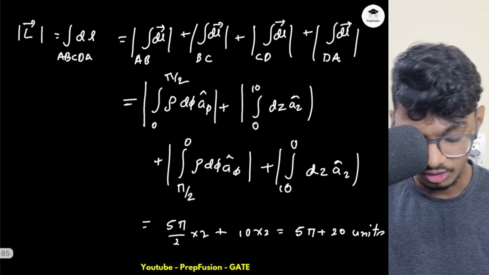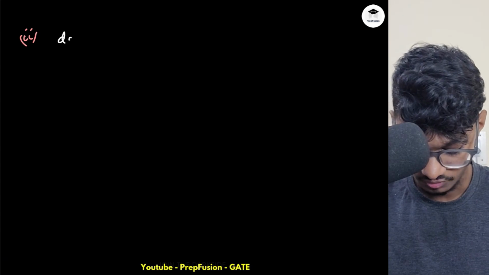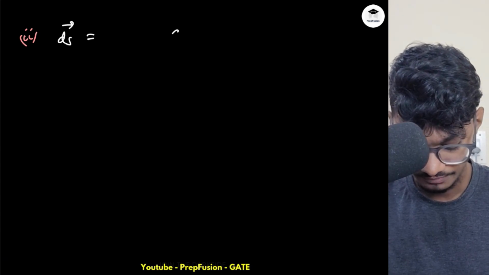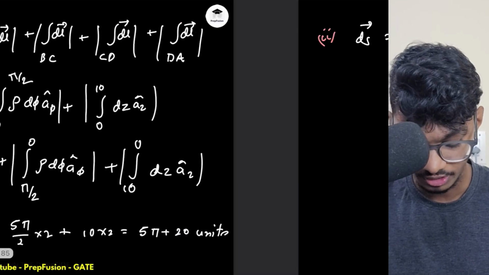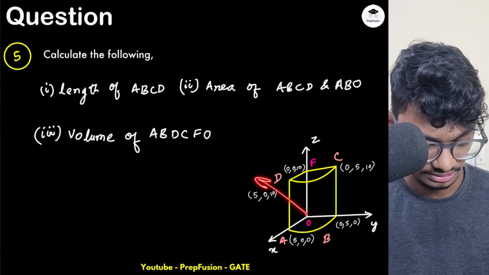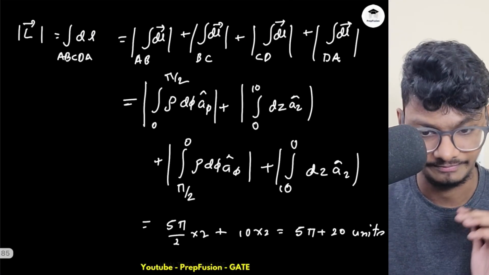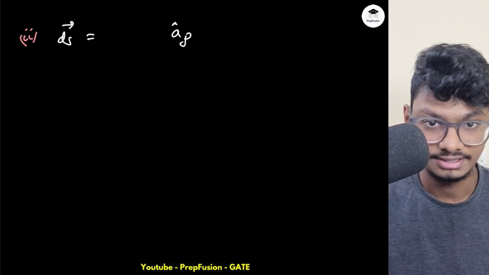So what will be the direction of my surface vector? I am solving the second part here. The direction of my surface vector will be simply arrow cap, and it will be plus arrow cap because I am pointing outwards here, not in the other direction. That is established.